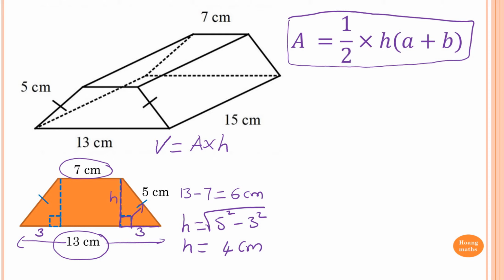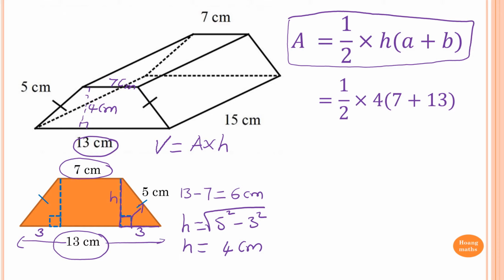So a is 7 centimeters, b is 13, and the perpendicular height of this trapezium is 4 centimeters. Substituting in, that's a half times h, in this case 4 centimeters, times a plus b, which is 7 plus 13.